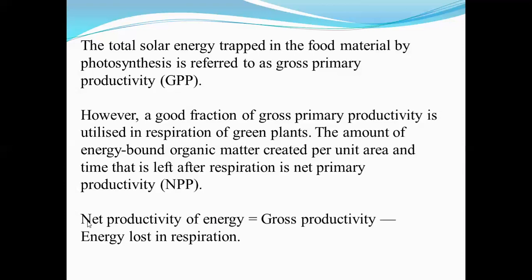Or if we know the amount of food passed to the next trophic level and the gross productivity, we can get the amount of energy lost in respiration. So effectively, an autotroph can supply food material for the next level of the food pyramid. It is only the NPP that is transferred to the next level.